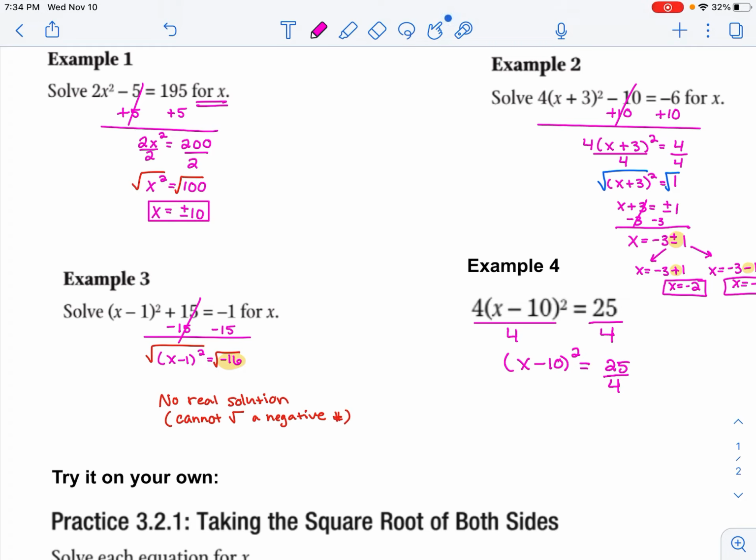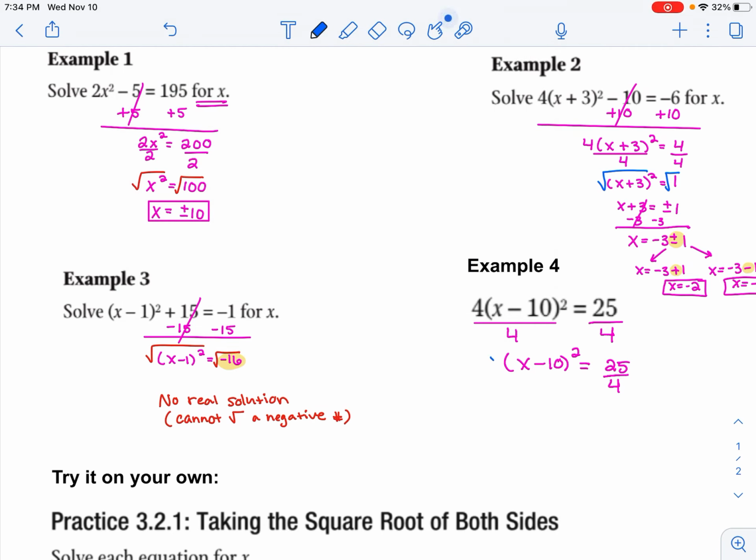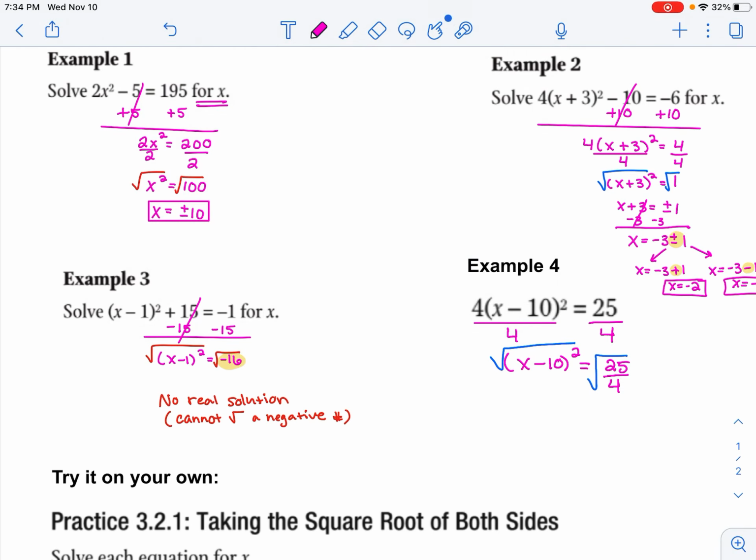So at this point, the squared term is by itself, so I can go ahead and take the square root of both sides. So on the left-hand side, I'd be left with x minus 10. On the right-hand side, the square root of 25 over 4, well, those are both perfect squares. The square root of 25 is 5. The square root of 4 is 2.